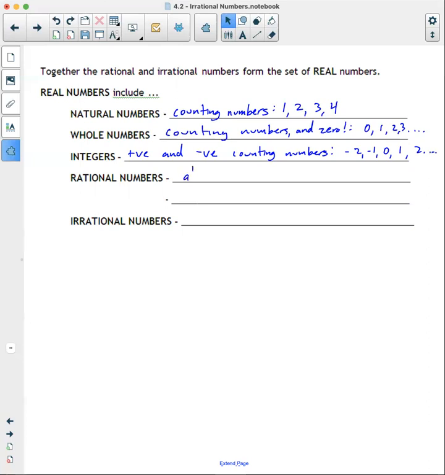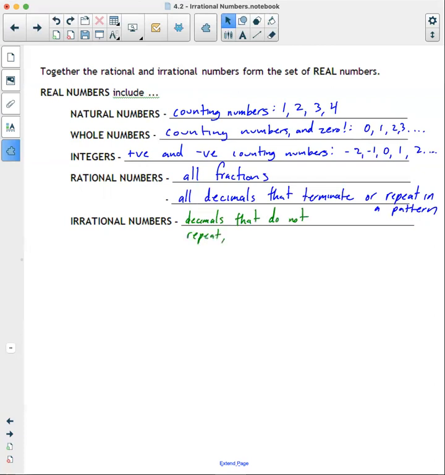So these are going to be all fractions and all decimals that terminate or repeat in a pattern. Okay, lastly, irrational numbers are those that do not repeat and have no pattern.